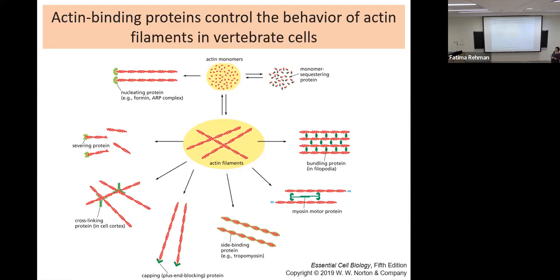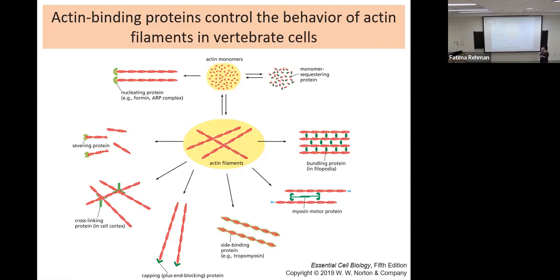You can have severing proteins that can cut them up into smaller pieces as needed for specific functions. You have cross-linking proteins. These are especially important in the cell cortex, where they are used to keep that scaffolding structure in place. You can have capping proteins that are going to block the growing end and stabilize them, so they no longer grow or shrink at that point, right?